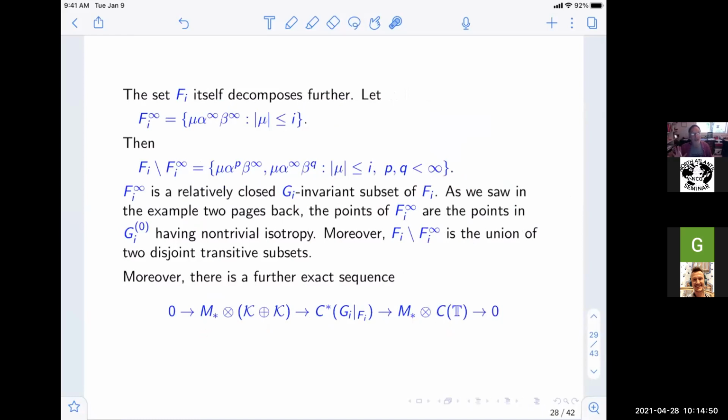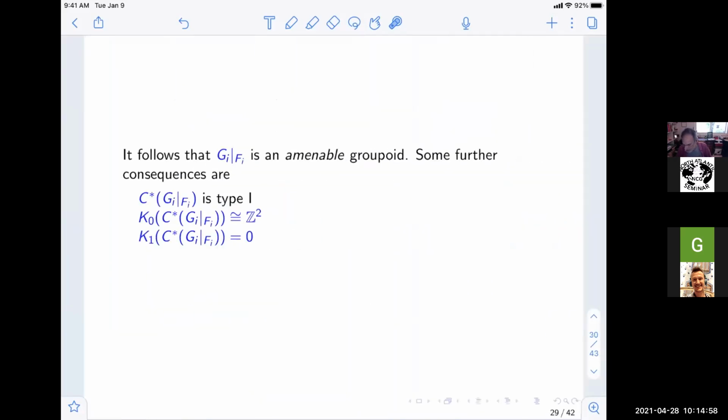So it's not quite elementary, it's a two-step type 1 C-star algebra. So in fact, the G sub I on F sub I is an amenable groupoid. C-star algebra is type 1. We can compute the K-theory. So the K0 group is Z squared and the K1 group is trivial. That's a calculation using the 6-term exact sequence.